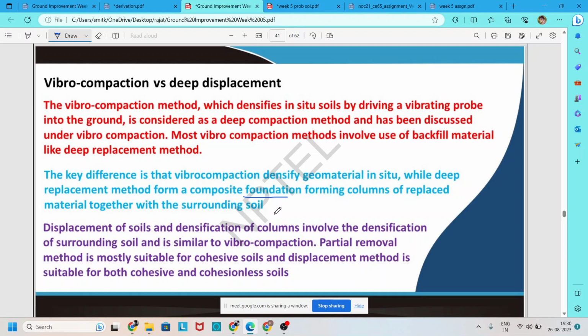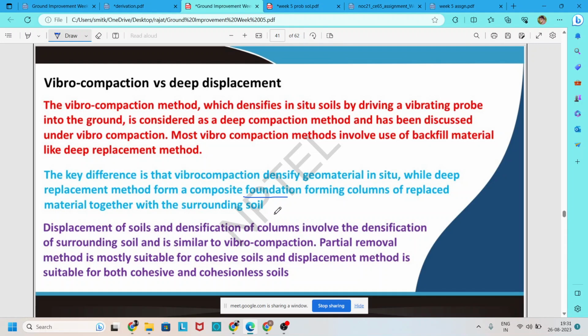So the key difference is that during vibrocompaction, if a void or ground subsidence is created, it is filled by the in situ material only. That means wherever the test is conducted, the same material is replaced or placed as backfill in this subsidence or in this void.